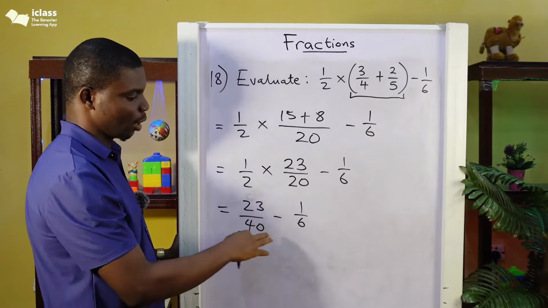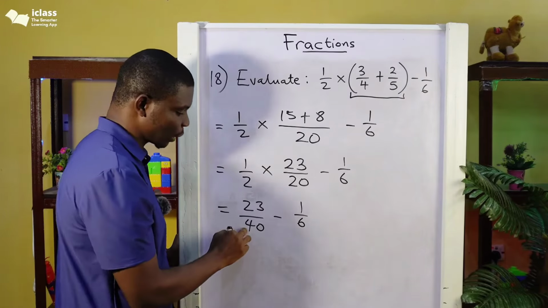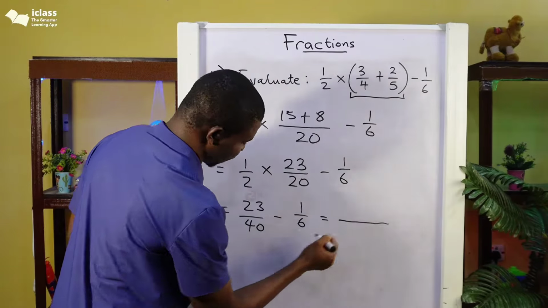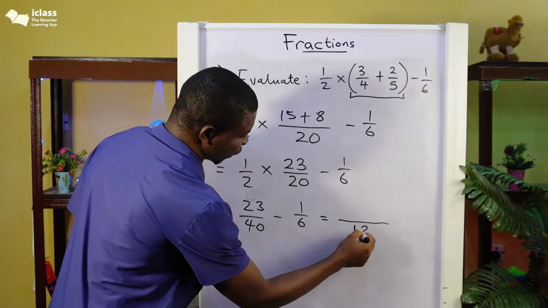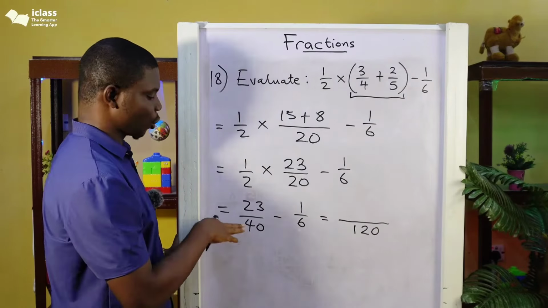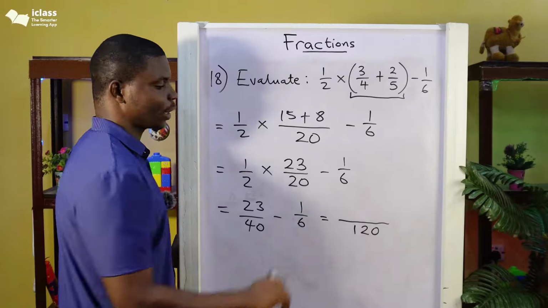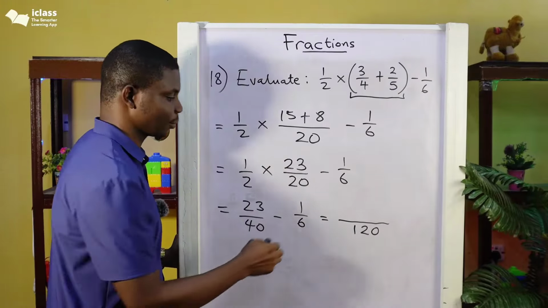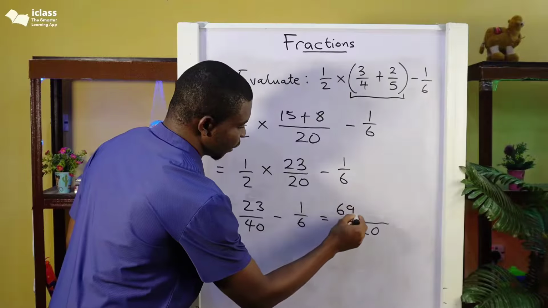So here, we look for the LCM of 40 and 6. That will give us what? That will give us 120. Is that not it? Yeah. So 40 into 120 is 3. 3 times 23 is what? Is 69.